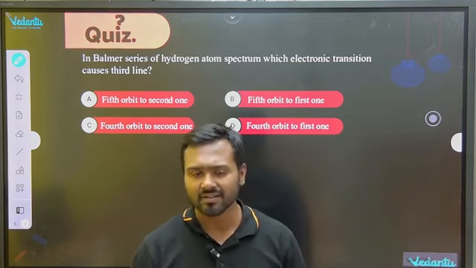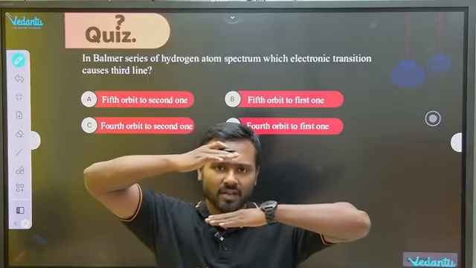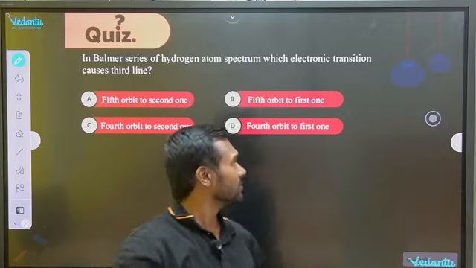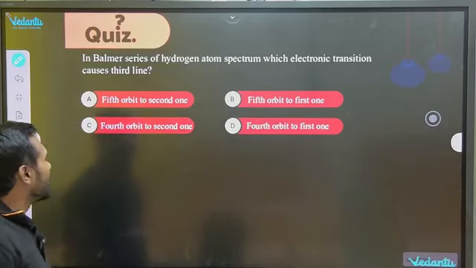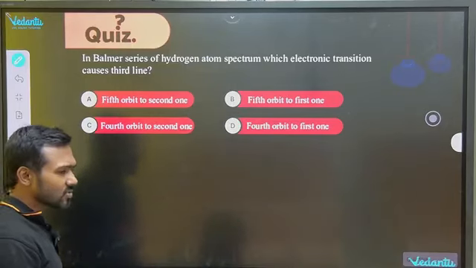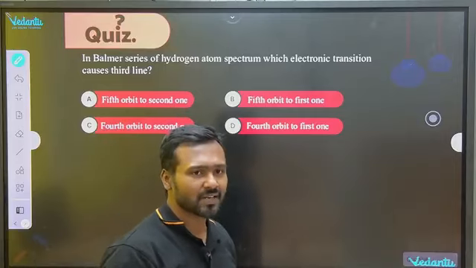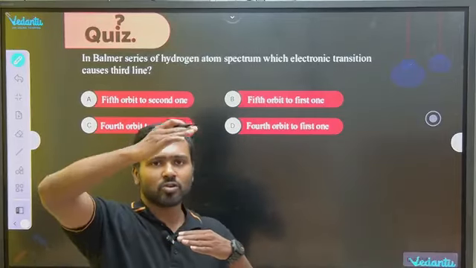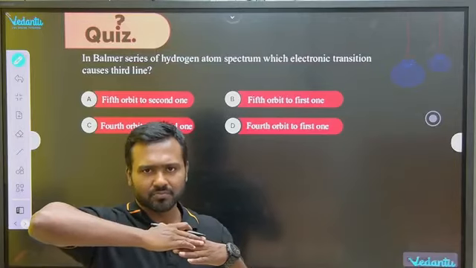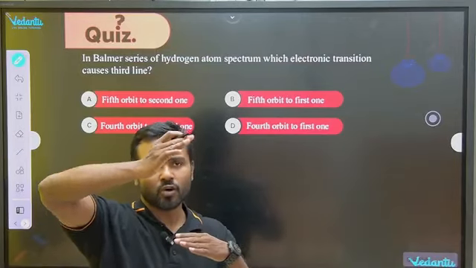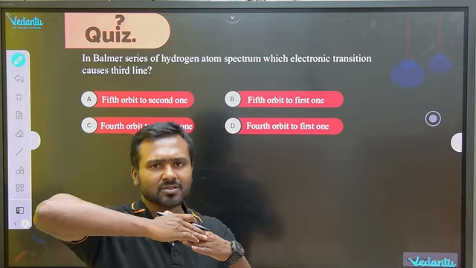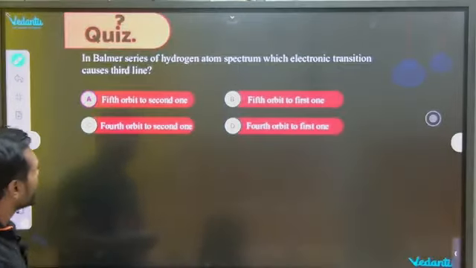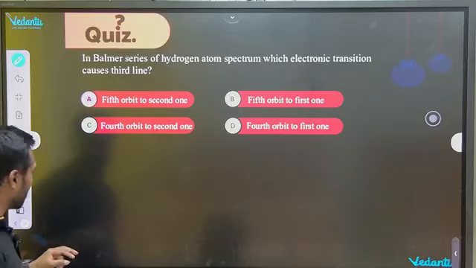In that, the third line. First line means 2 to 3, next 2 to 4, 2 to 5. But that is absorption spectrum; now for emission spectrum, it is 3 to 2, 4 to 2, 5 to 2. So 3 to 2 is the first line, 4 to 2 the second line, 5 to 2 the third line. So the answer is 5, that is fifth orbit to second orbit.